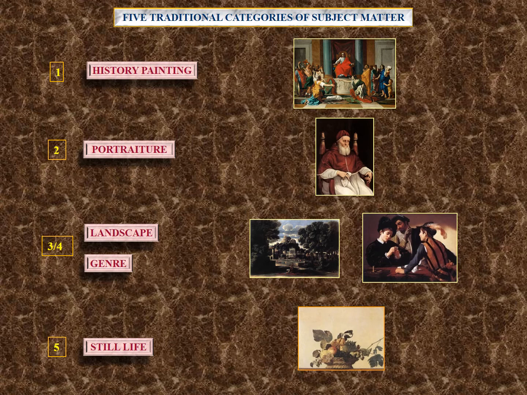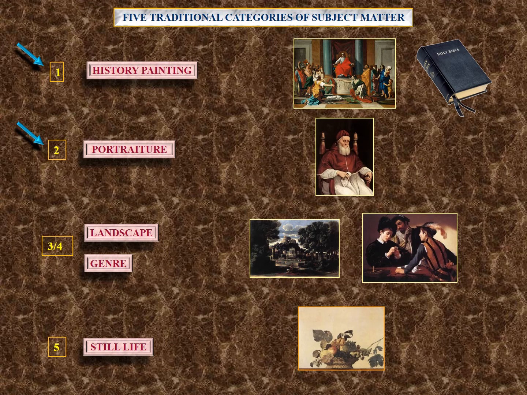At the very top of this hierarchy is history painting. History painting is something taken as a subject from a historical subject, like the Bible, like Greco-Roman history, something like that. The second most important subject, iconography, is portraiture.